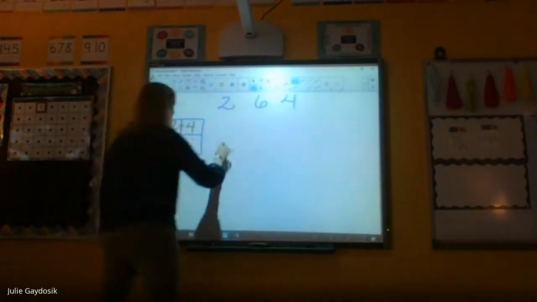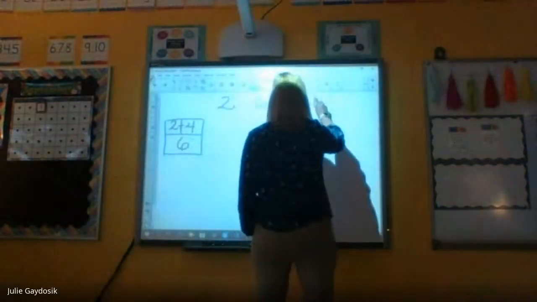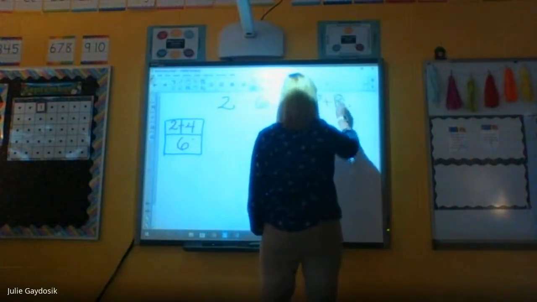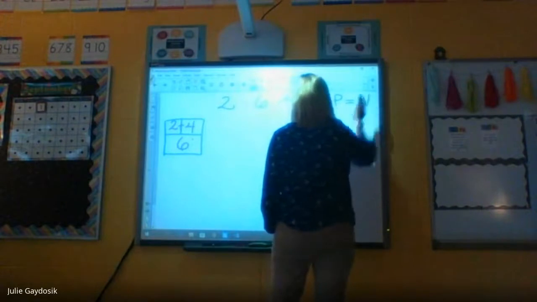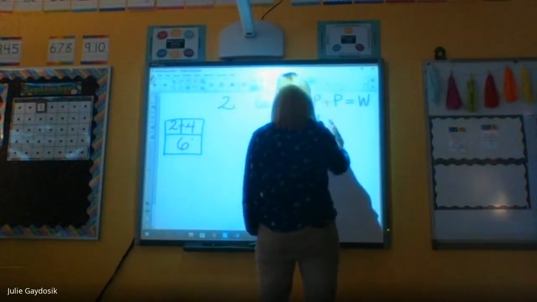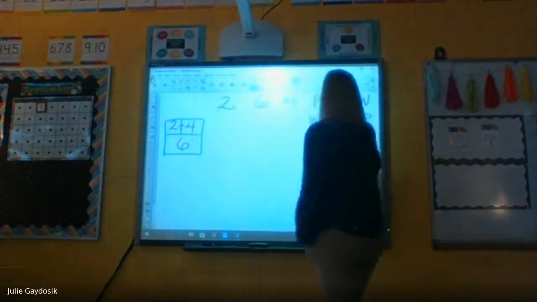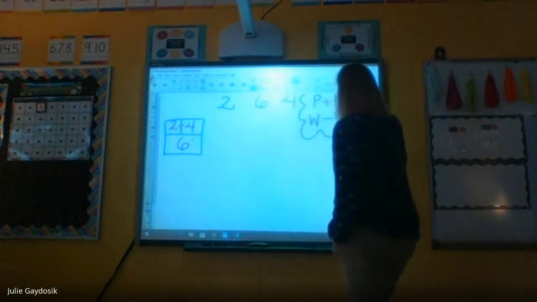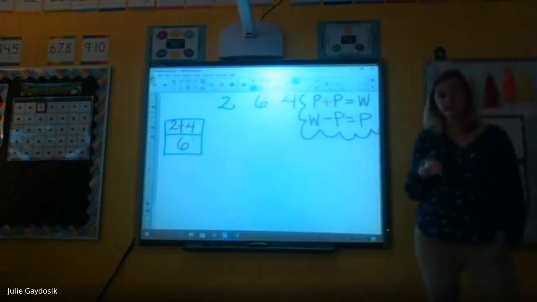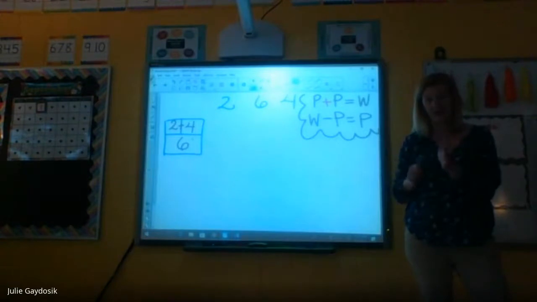Now, I'm writing my equations, okay? So don't forget, in addition, part plus part equals whole. In subtraction, whole minus part equals part. If you need to, I would write this down in your notebook, and when you do your seesaw activity, you can have it right next to you when you're solving the fact families, okay?